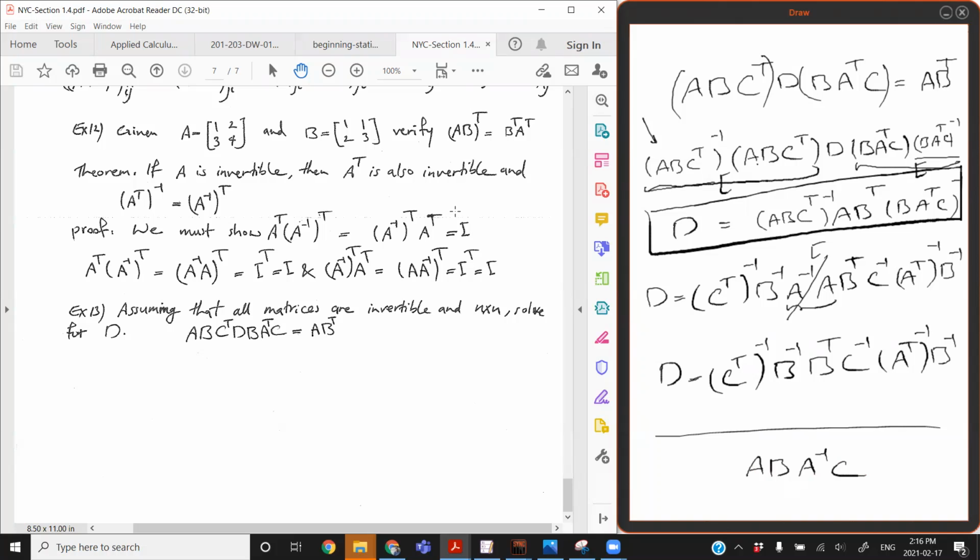They need to be next to each other because A inverse is the inverse of A. It's not the inverse of AB. So I would not be able to cancel these two if they're far apart from each other. But as long as they are next to each other, the multiplication of that would result in the identity. So my final answer for D would be this.